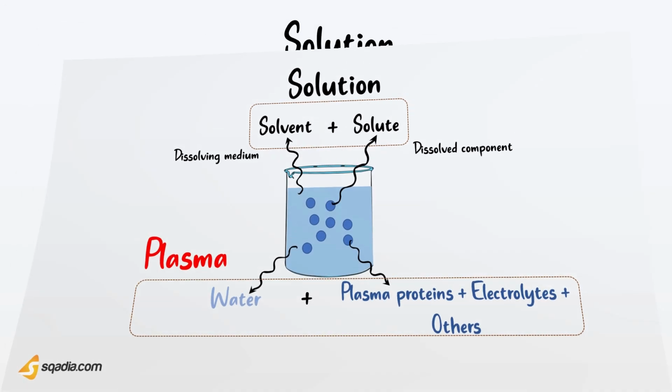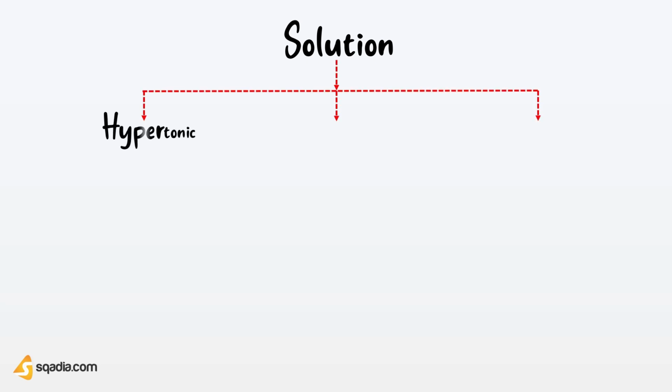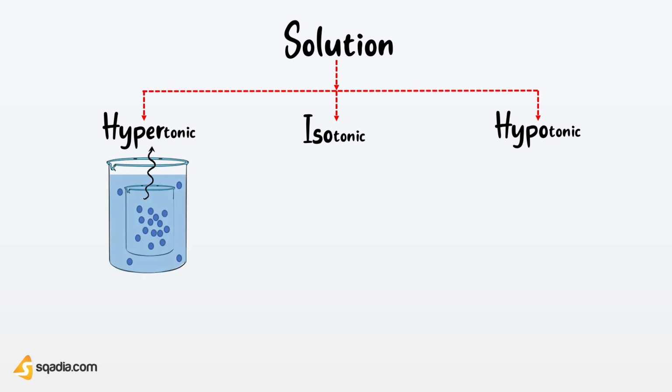To understand the phenomenon of osmosis better, first, we will learn about three important terms. A solution or biological fluid can be hypertonic, hypotonic, or isotonic in comparison to their surrounding environment. When we say the solution is hypertonic, that means it has high concentration of solute as compared to outside environment, but less water content.